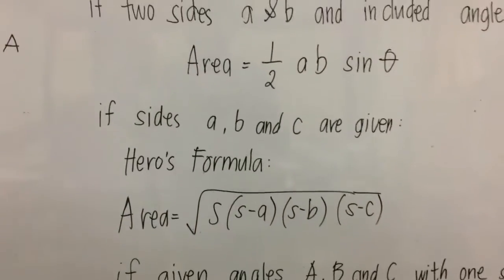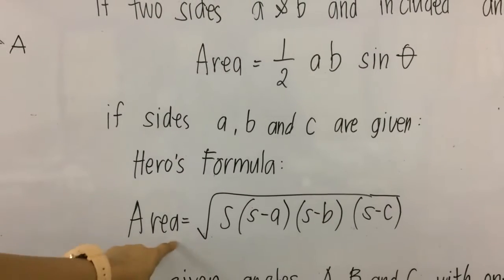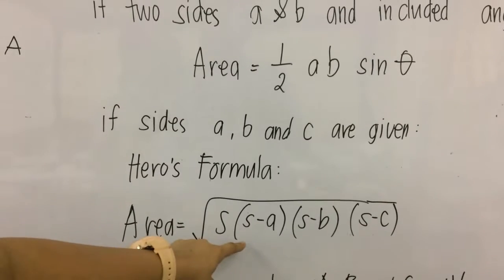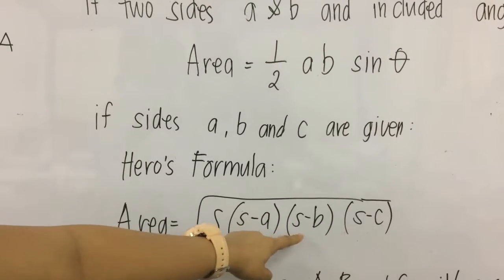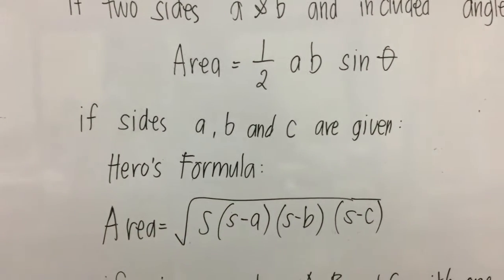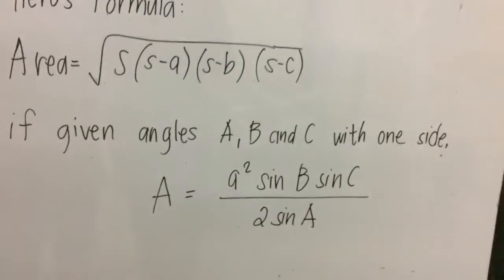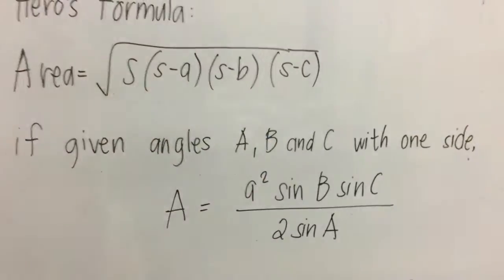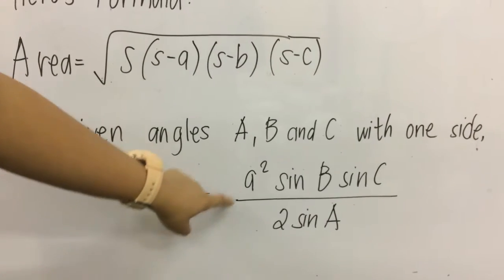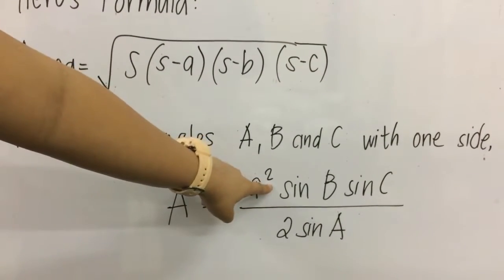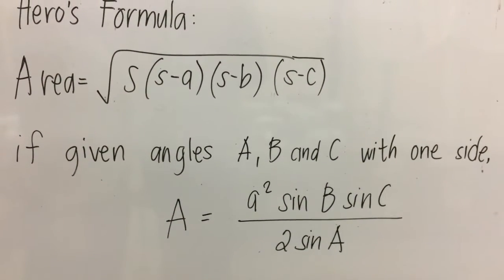If we are given three sides, we will use Heron's formula: area equals the square root of S times the quantity S minus A times the quantity S minus B times the quantity S minus C. And if we are given the angles A, B, and C with one side given, we will use area equals A squared times sine B times sine C all over 2 times sine A.